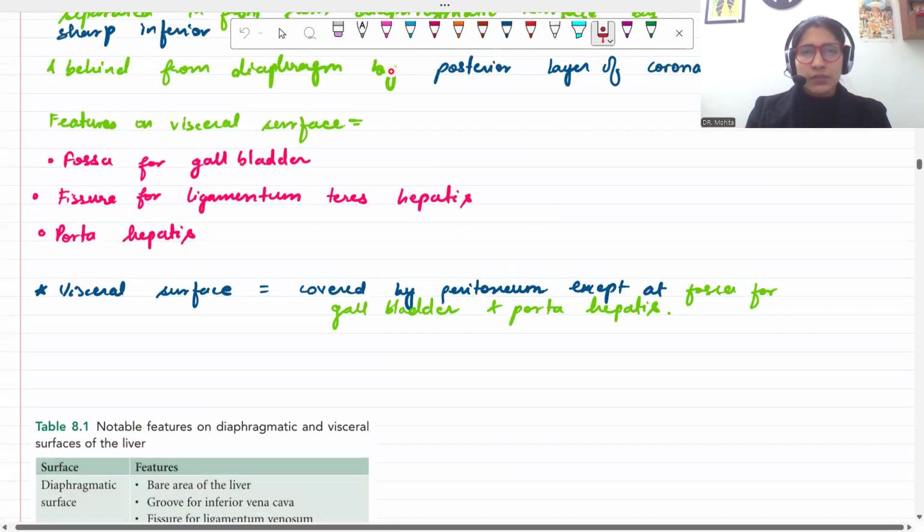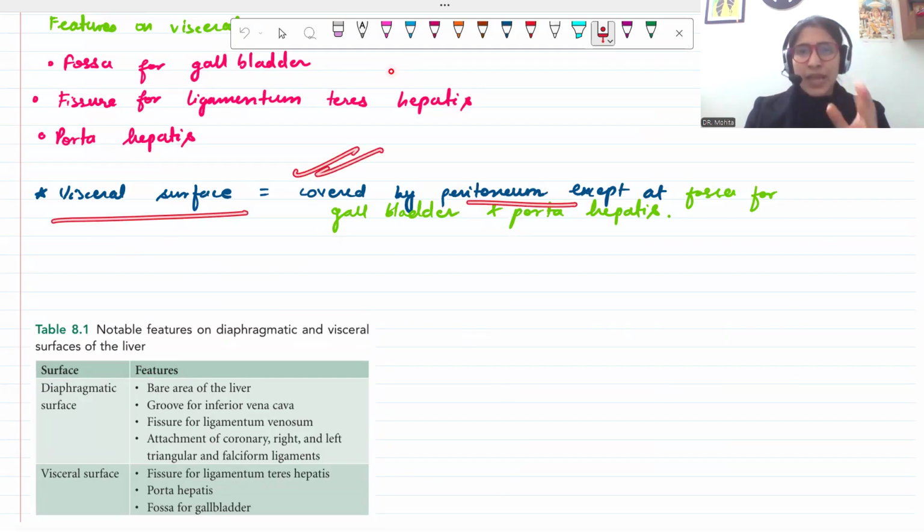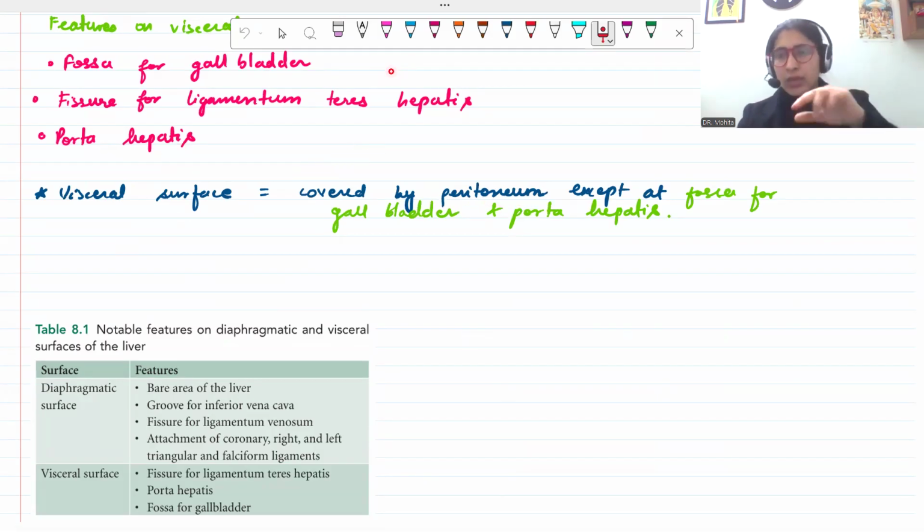ठीक है? Okay. Also, the whole visceral surface is covered by peritoneum except at the fossa for gallbladder. क्या होता है कि लिवर के साथ जो गॉल ब्लैडर है वो बिल्कुल पूरा कांटेक्ट में होता है. That's why इस वाले पोर्शन पे, लिवर के इंफीरियर पोर्शन पे पेरिटोनियम की कवरिंग नहीं होती.